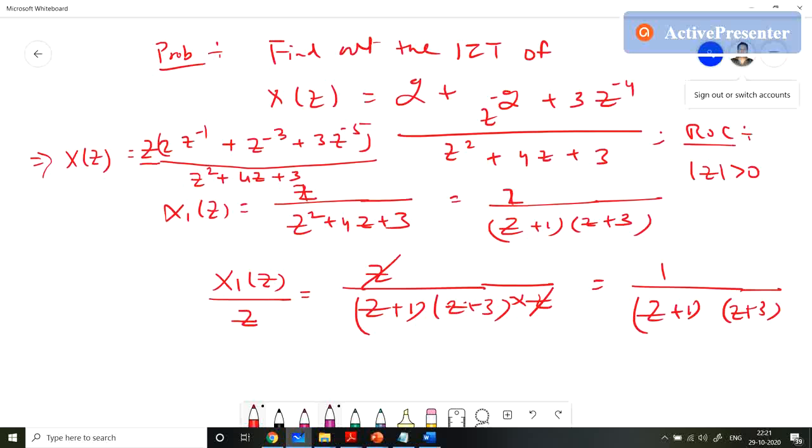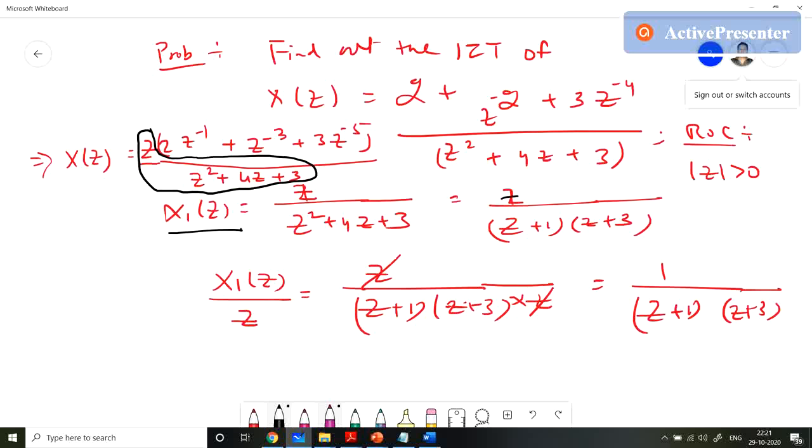So the problem is X(z) equals 2 plus z raised to the power minus 2 plus 3z raised to the power minus 4 divided by z square plus 4z plus 3. We can write X(z) in this form, and let this portion be X1(z).